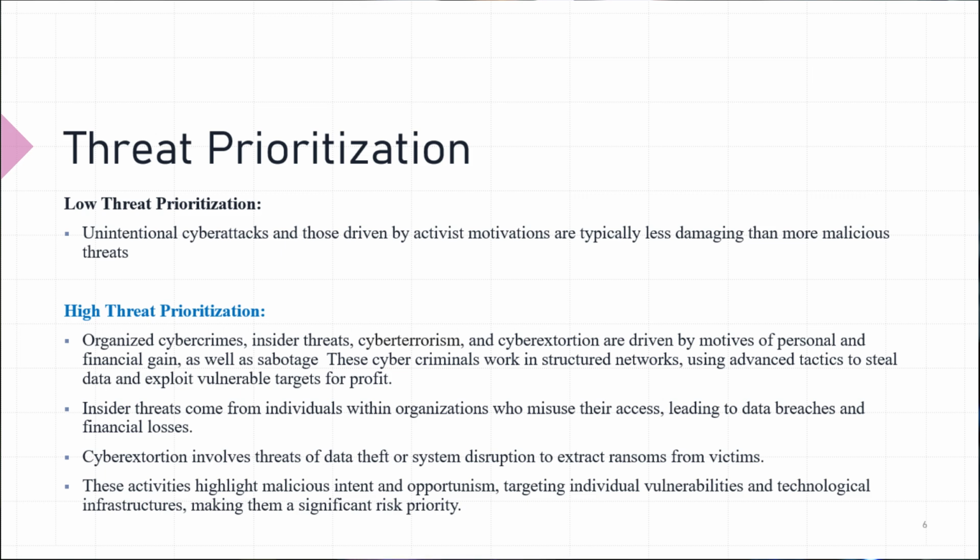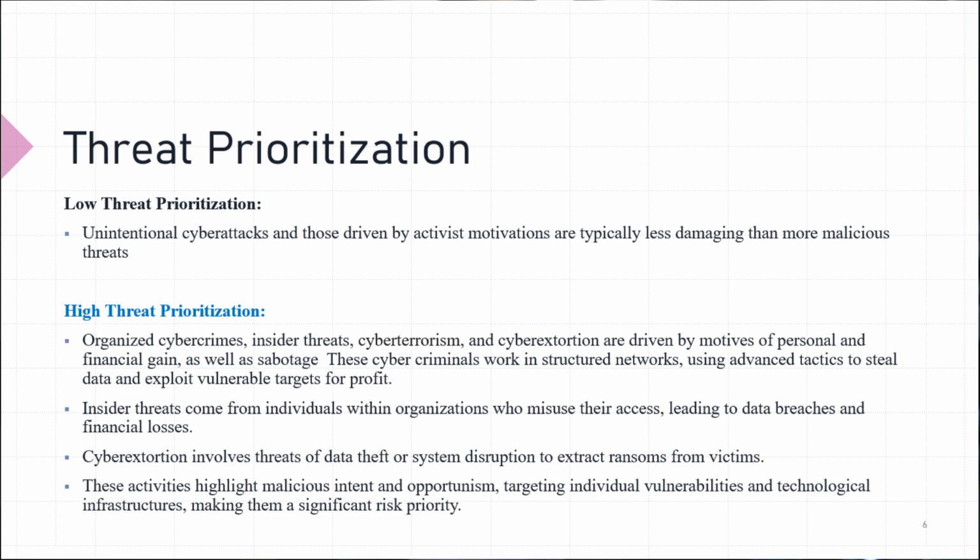Insider threats come from individuals working inside the organization who misuse their assets, leading to data breaches and financial loss. Cyber extortion involves data theft and system disruption to extract ransoms from victims. Threat actors highlight violence, intent, and opportunists targeting individuals' vulnerabilities in technology infrastructure, making them a high risk priority.